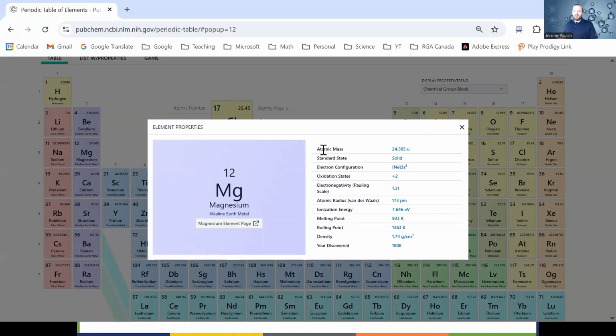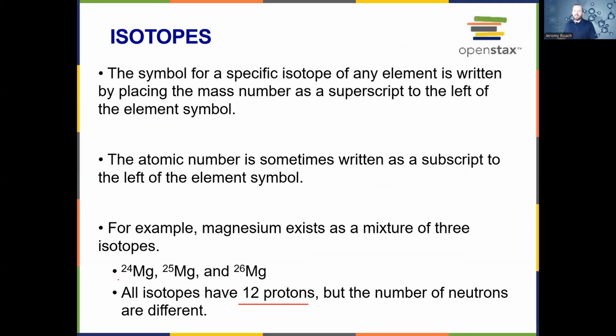But when we check the atomic mass of magnesium on the periodic table, it says 24.305 is the AMU. But here we have these different isotopes of 24, 25, and 26. So the reason that it's 24.3 on the periodic table is we calculate the relative abundance in terms of percentage of these different values, and then we find the overall weighted mean of what that equals.